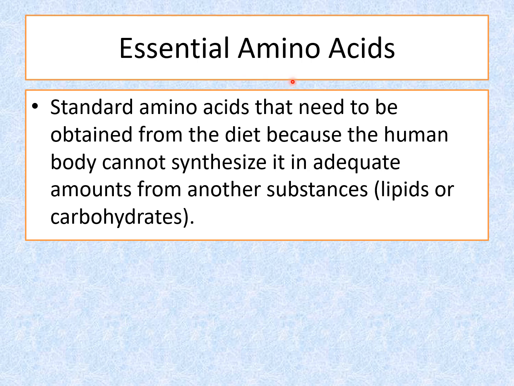Essential amino acids are standard amino acids that we need to obtain from the diet or from food sources because our body cannot synthesize them in adequate amounts from other substances. And because we need the essential amino acids in order to form new proteins, new structures in the body, we really need to take them from the food sources or from the diet.